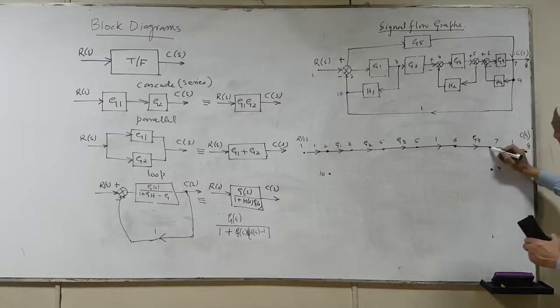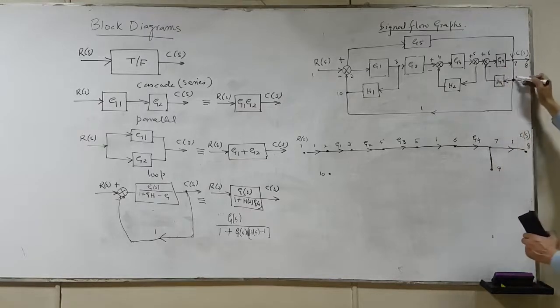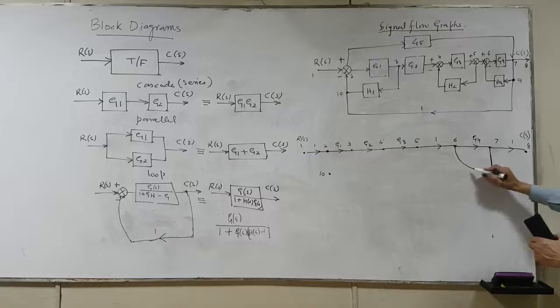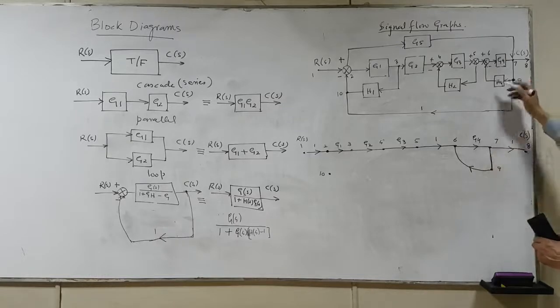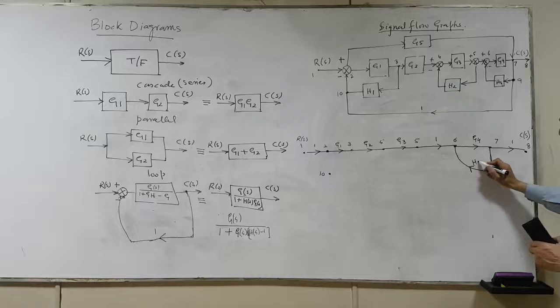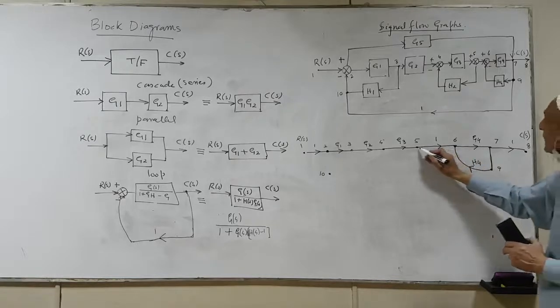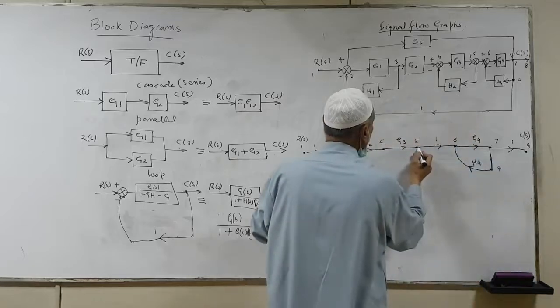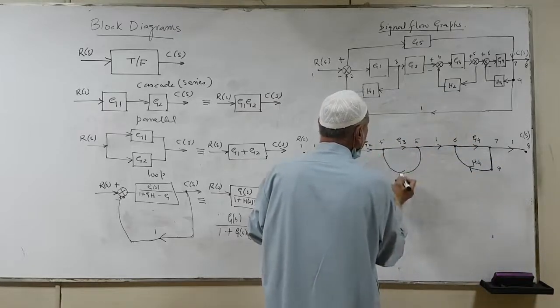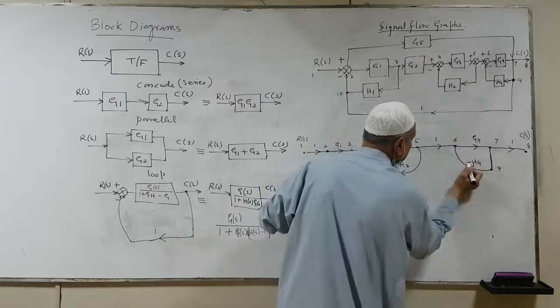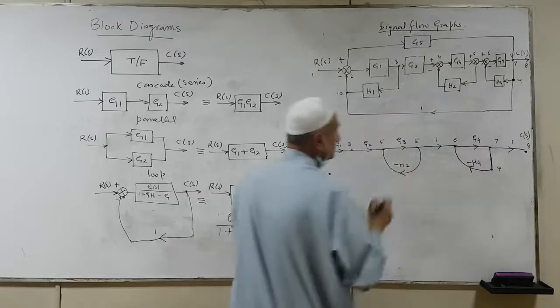Then we have nothing between 7 and 9. Of course between 9 and 6 we have a transmittance H4. Between 5 and 4 we have a transmittance H2. Now since both of them are negative, it is mandatory to add a negative sign.